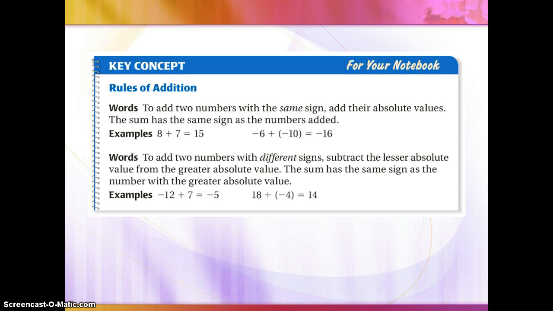So the answer is negative 5. If we have 18 plus negative 4, we would subtract the two absolute values and get 14. Because the greater absolute value is positive, our answer is positive.